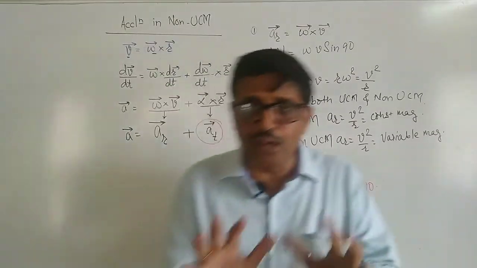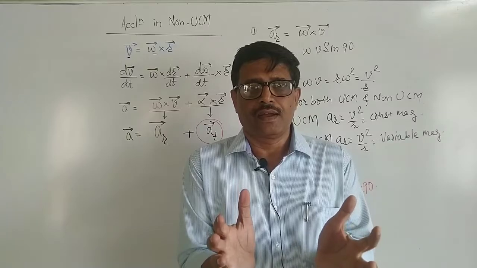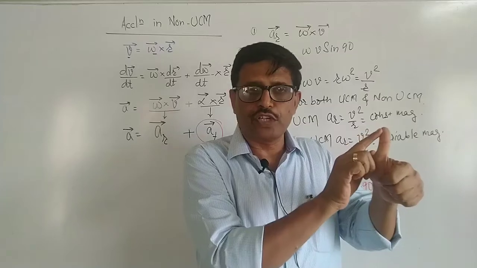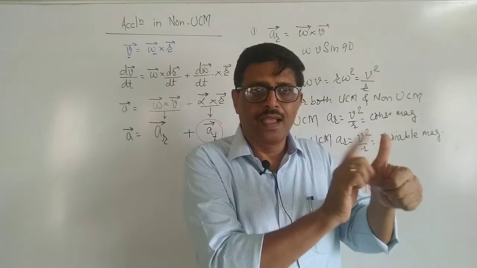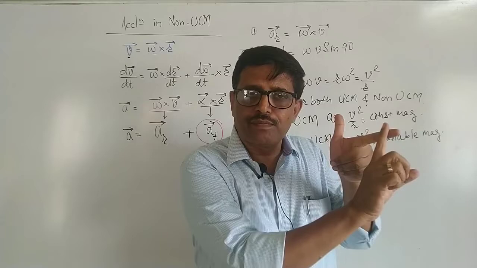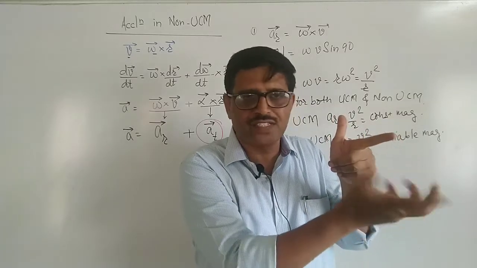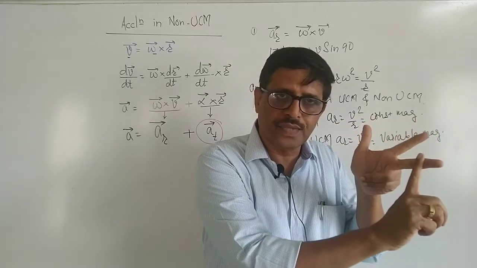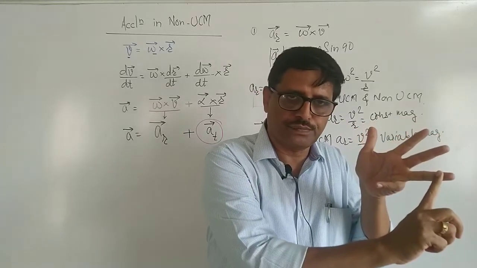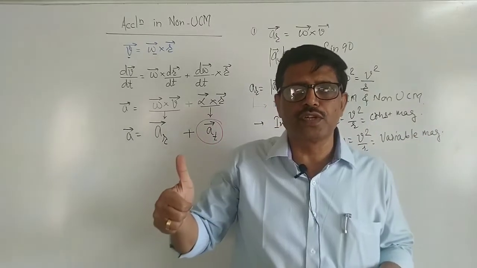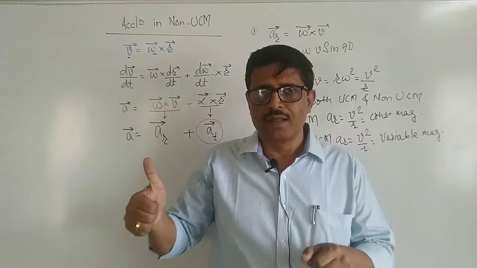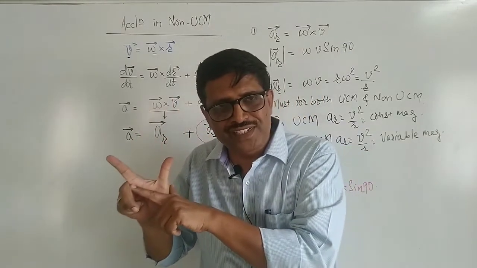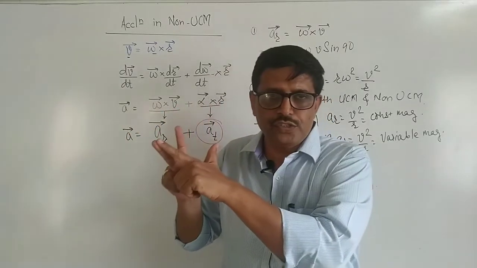Therefore we conclude that for UCM, the magnitude of velocity is constant, angular velocity has constant magnitude and constant direction as far as the plane of revolution is constant, angular acceleration is 0, and tangential acceleration is 0. In non-uniform circular motion, the magnitude of linear velocity changes with time, the angular velocity changes with time, and there is angular acceleration.